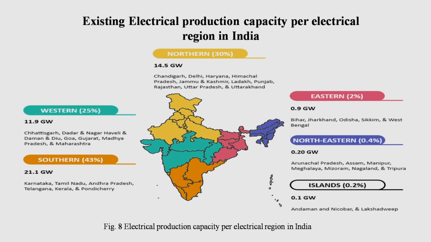The first interconnection of regional grids was established in October 1991 when the northeastern and eastern grids were interconnected. The western grid was interconnected with these grids. The northern grid was also interconnected in August 2006, forming a central grid synchronously connected, operating at one frequency.